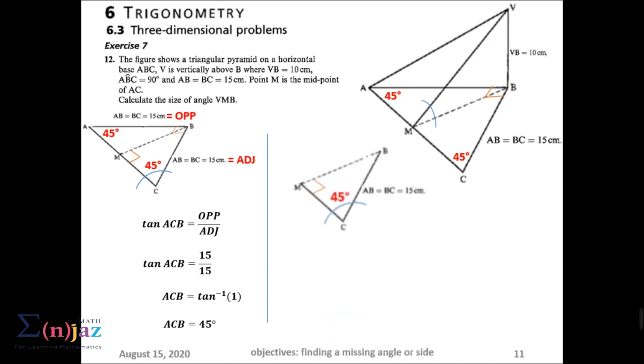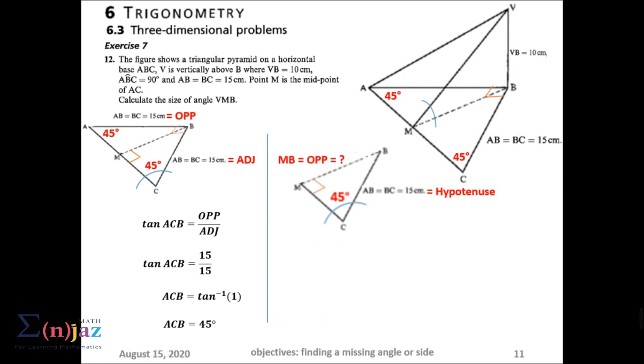Now, let's draw a sketch for only triangle CMB or BMC. Based on the known angle, which is 45 degrees, BC is the hypotenuse because it is right across the right angle. We want to find MB.